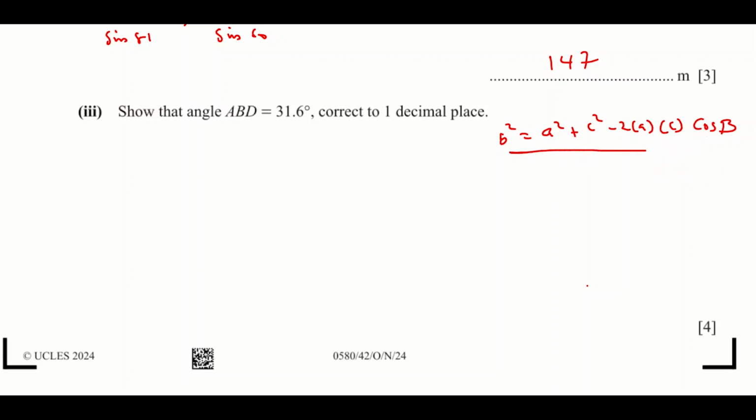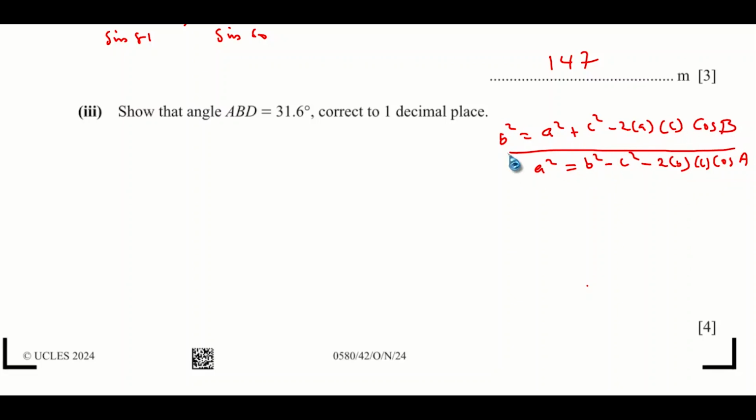This is the only one I know, and from here I can make anything the subject of the formula, either an angle or a side. If I need, let's say, side A, I'll start with A squared equals b squared plus c squared minus 2 into b into c, then cos A. So this is very easy. I did not memorize it, I just know the pattern.